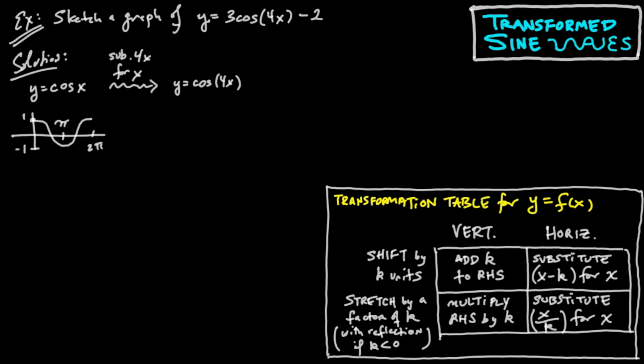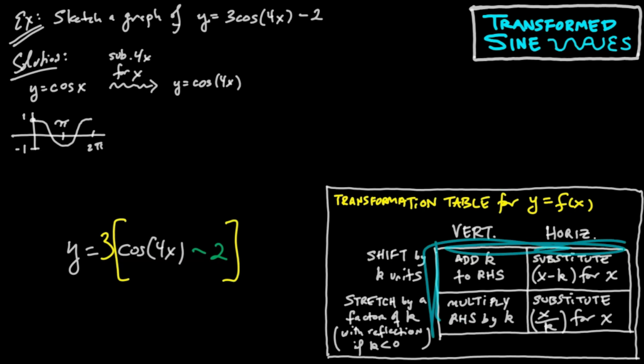And maybe someone is thinking, oh, just do it all at once. You subtract 2 from the right-hand side and then multiply by 3. Careful, that won't do. We have to think about order of operations, because if we did that, we'd be starting with y equals cosine 4x, subtracting 2 from the right-hand side, and then multiplying the right-hand side by 3. There's no option in here to multiply just some little bit by 3.